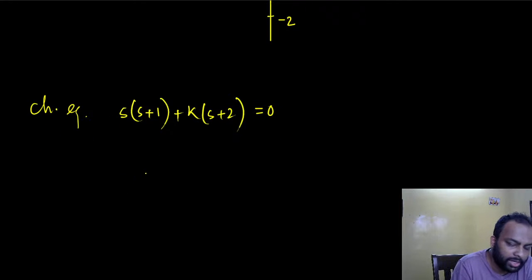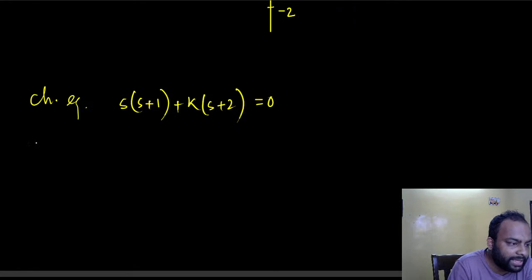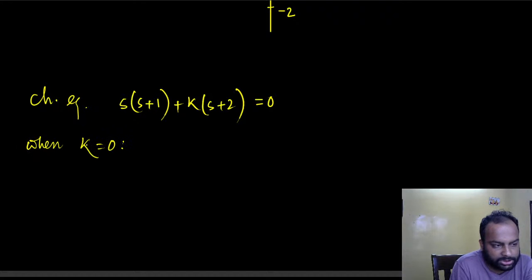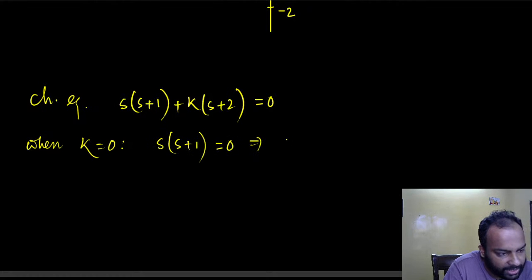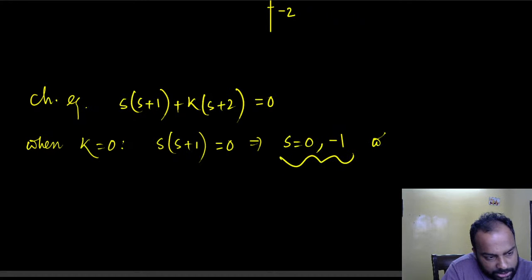Now let's see, when k is equal to 0, what are the closed loop poles? If I solve this for different values of k, I get the closed loop poles. When k is equal to 0, we are essentially solving for s times (s plus 1) equal to 0, which gives me the solutions 0 and -1, which are the open loop poles.